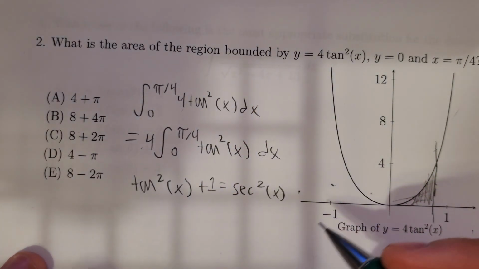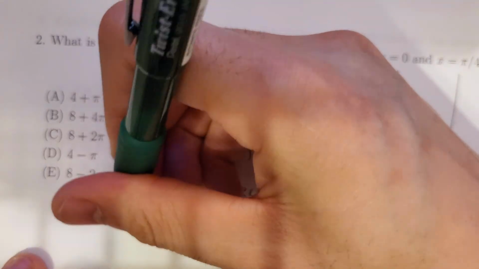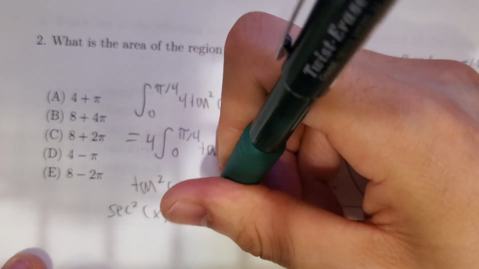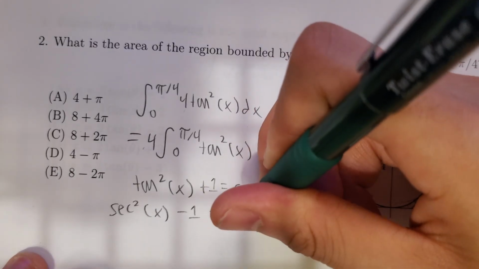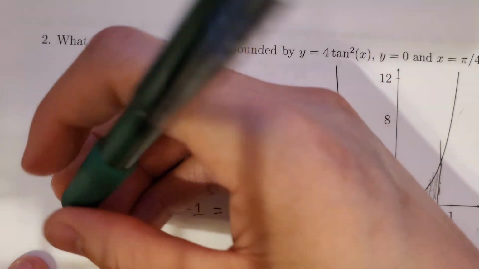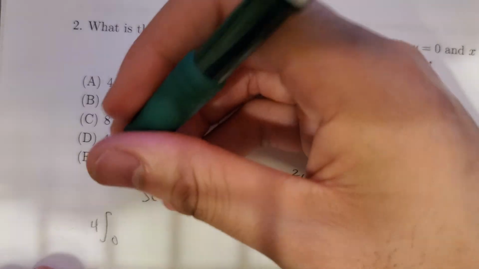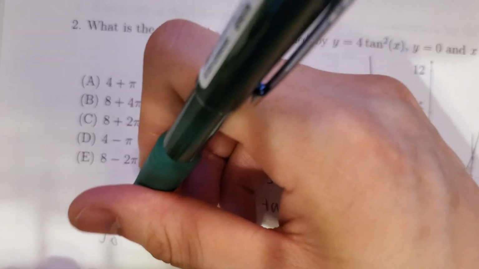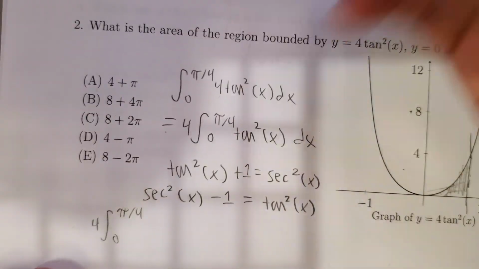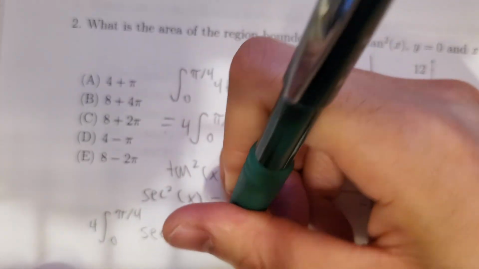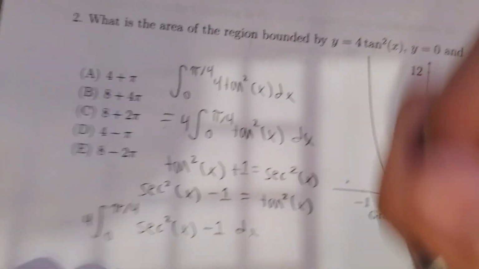And so on the flip side, secant squared x minus 1 is equal to tangent squared x. So this integral ends up becoming the integral with 4 outside. Can't forget that, by the way. And from 0 to pi over 4 of secant squared x minus 1 with respect to x.